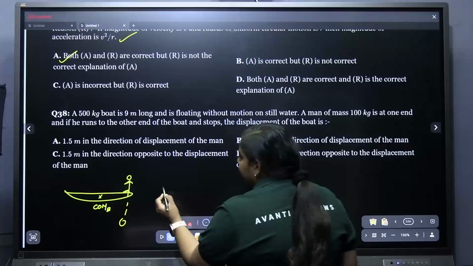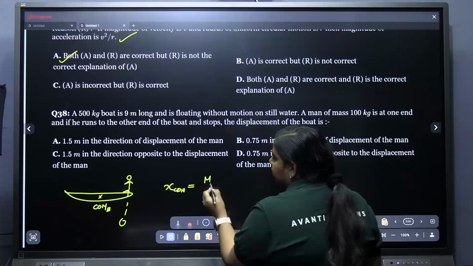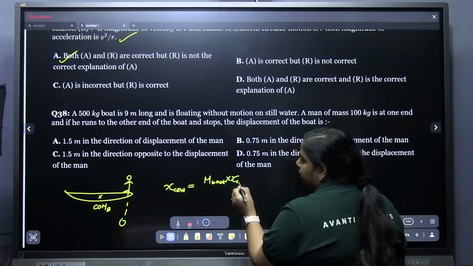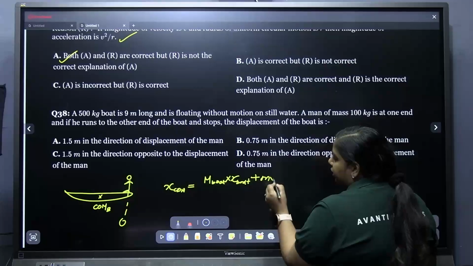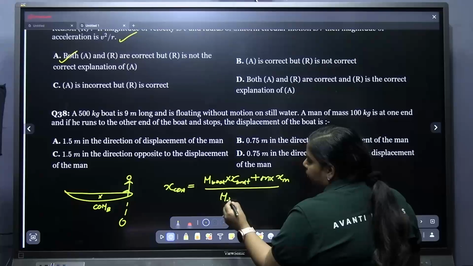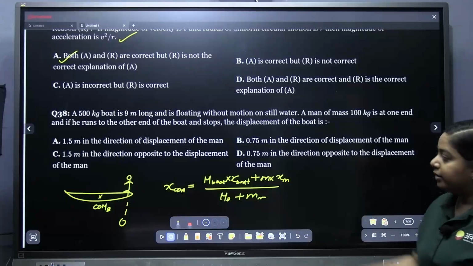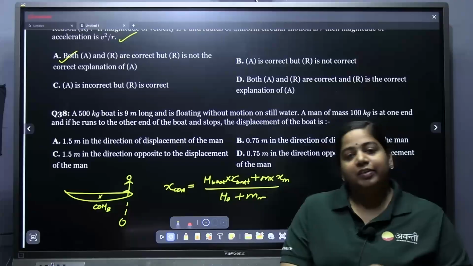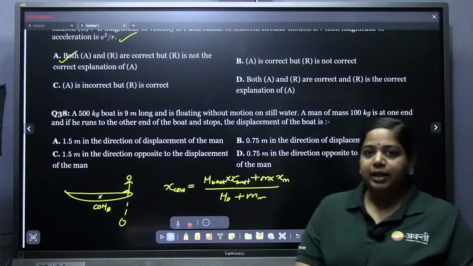Then position of center of mass of the system will be equal to mass of boat into center of mass of boat plus mass of man into center of mass of man, divided by m boat plus m man. External force is not there, so will center of mass move? Center of mass should remain at the same position.